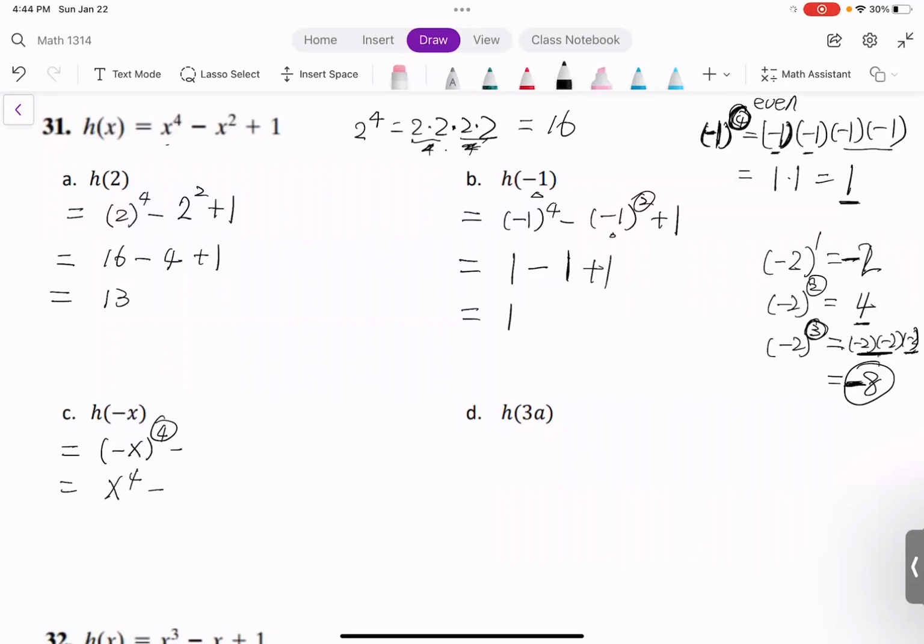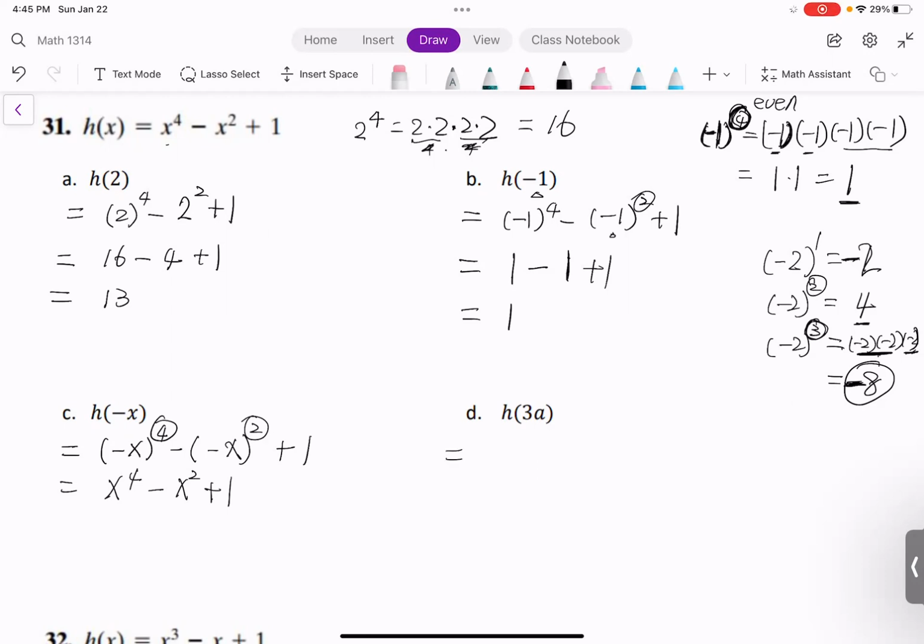Let's erase this part, because I know that all the x need to be replaced by negative x and negative x squared. This is even, the base is a negative number or negative variable. So this one equals positive x squared. And the next part is plus 1. Don't forget plus 1.